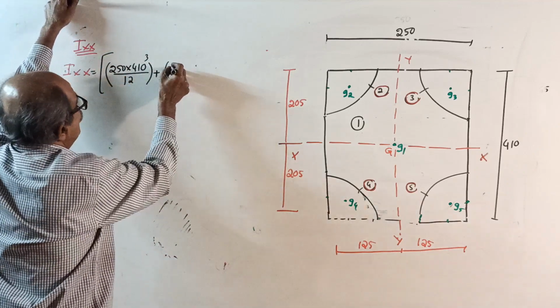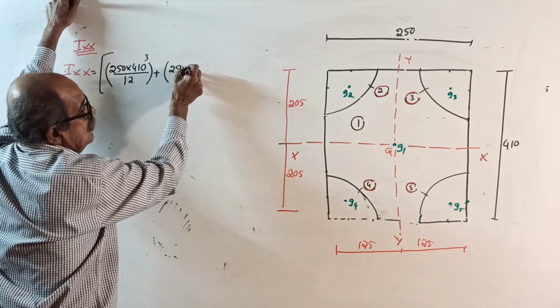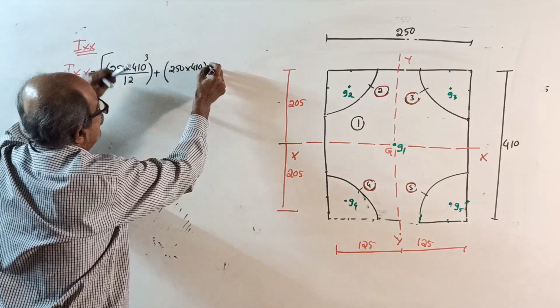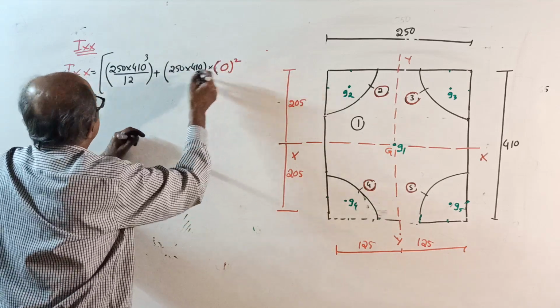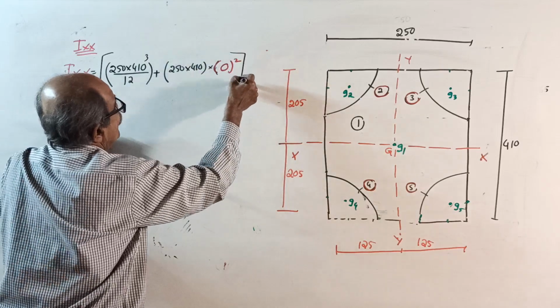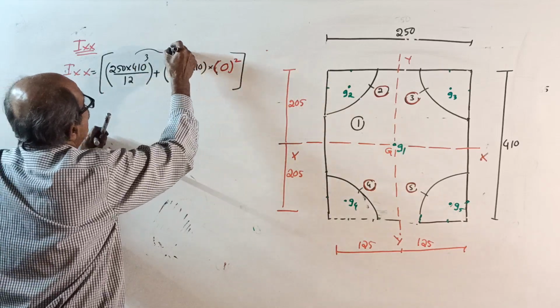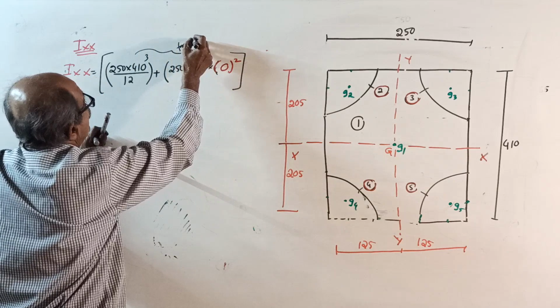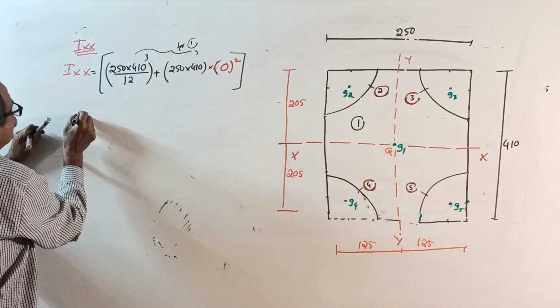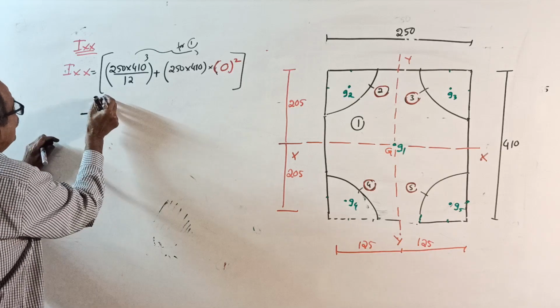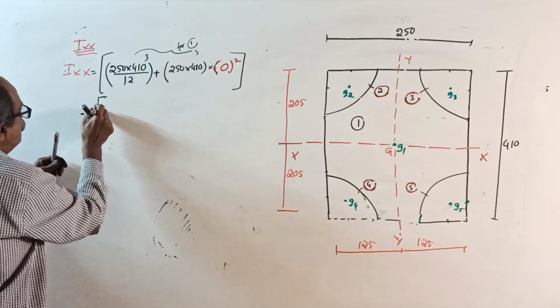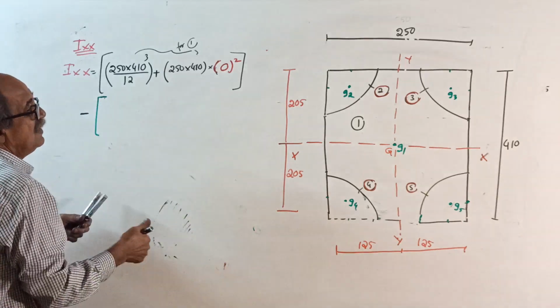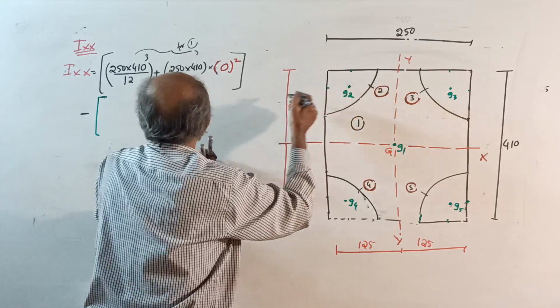The area is 250 into 410, into the centroid distance, which is 0 squared. This is Ixx for 1. Then minus, directly, 4 times, since all 4 are the same, the quarter-circle part, I about XX.